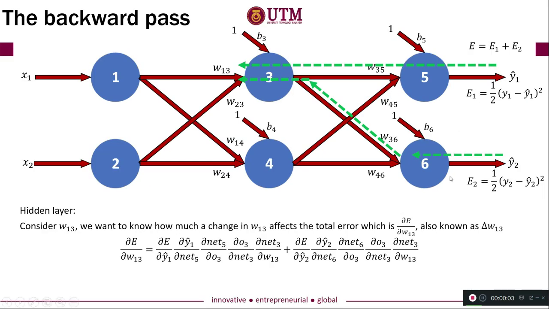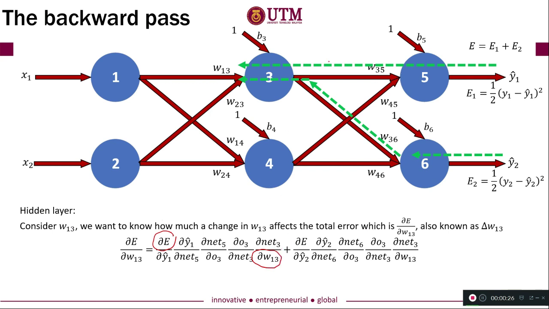There are some tips. If you are not sure which one needs to be which, you can look again. To express this one, you must make sure that you start at E and you must stop at W13. Again, why do we have a plus there?